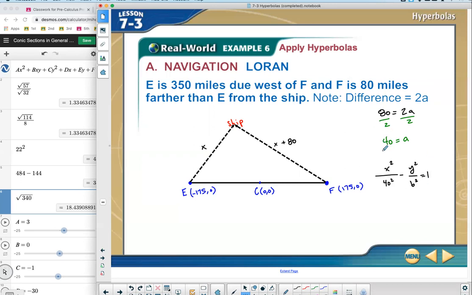So I now know what a is, it's 40. I could say that my c distance is equal to 175. And this would also be 175 this way.